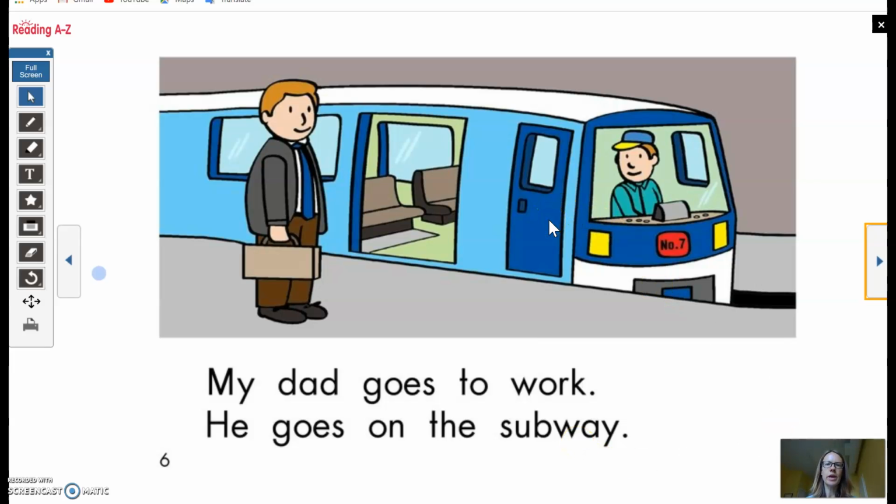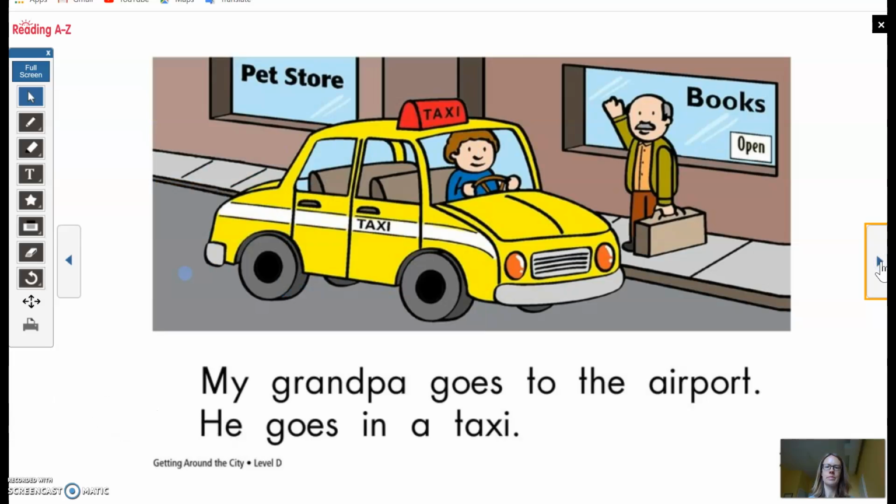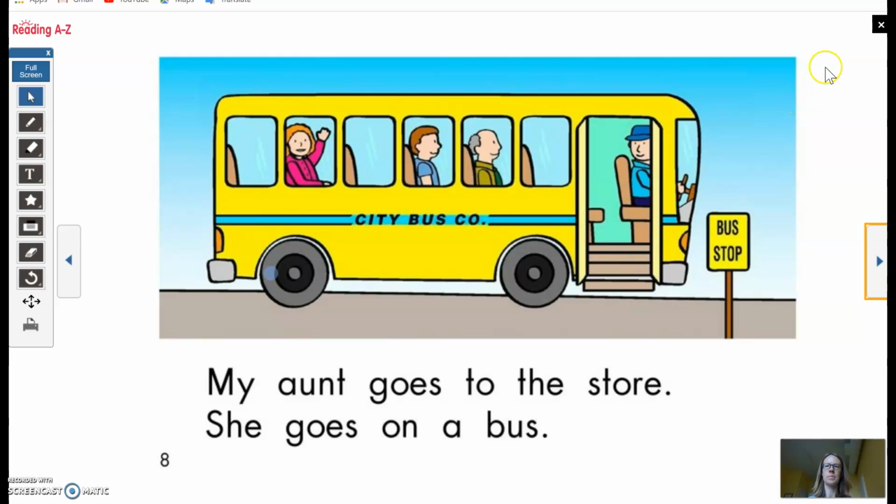This is the subway. This is the same as our metro here in DC. You read. Let's read together. My grandpa goes to the airport. He goes in a taxi. You read.